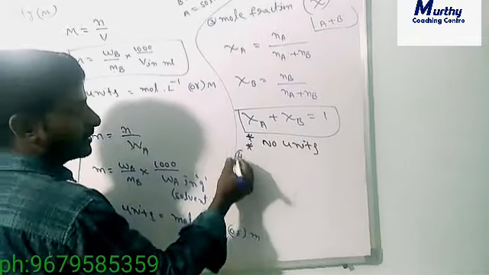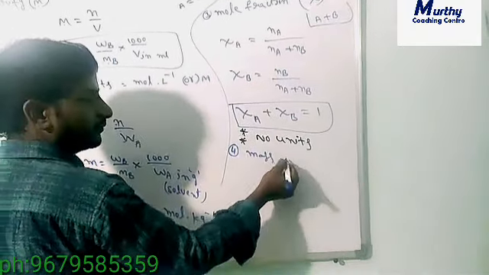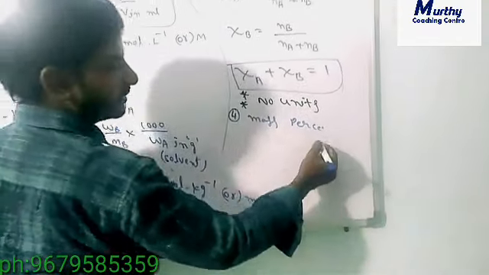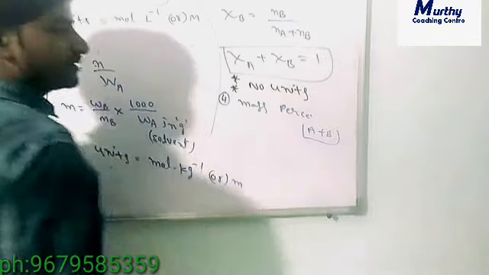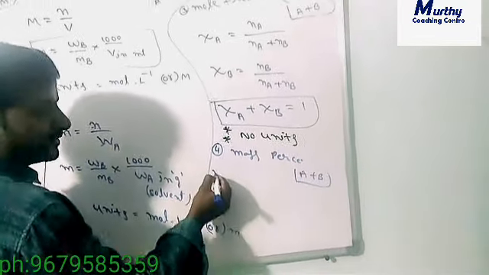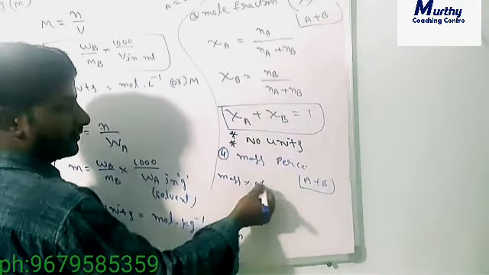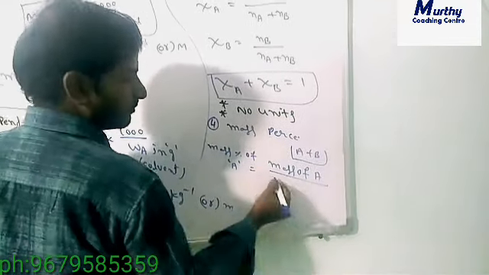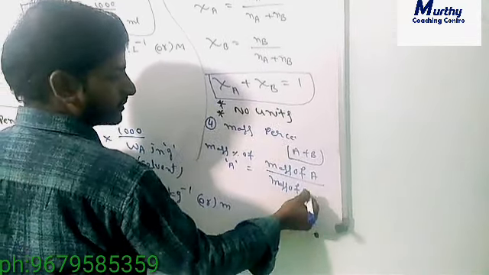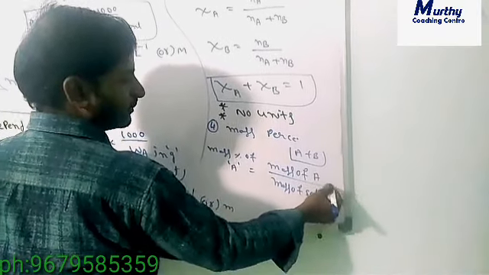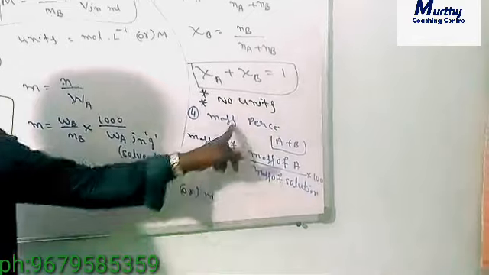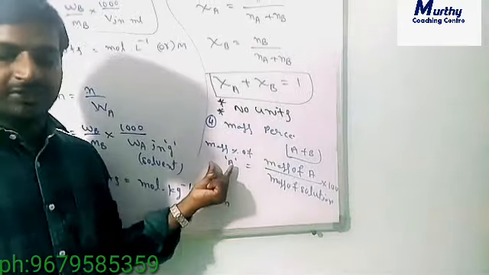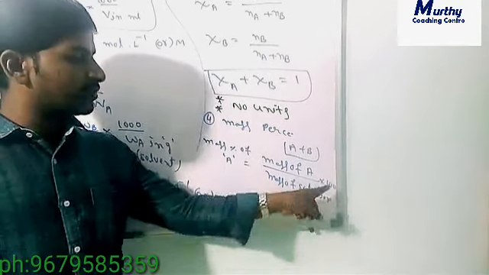The next concentration term is the mass percentage. Here also A and B, two components are present, a binary solution. Mass percentage of A is equal to mass of A by mass of solution into 100.